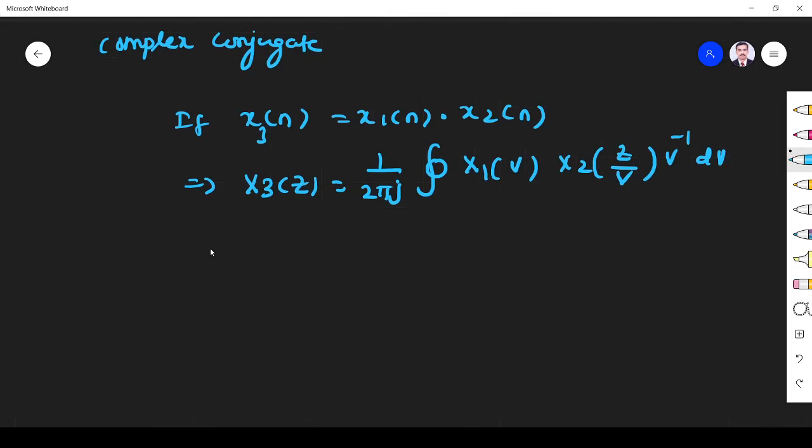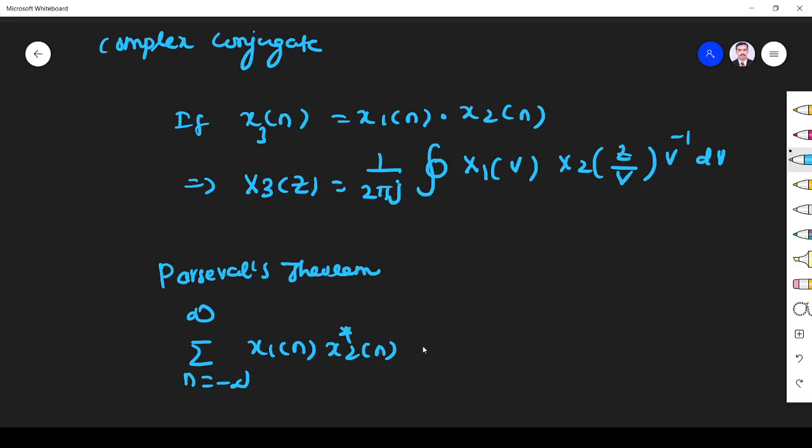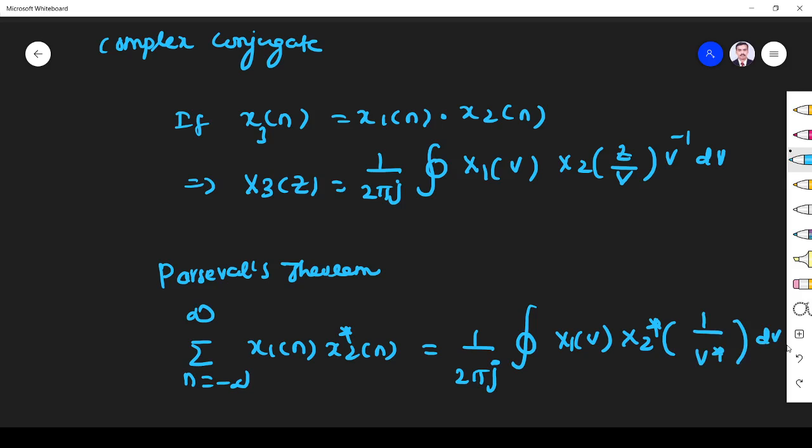And one more property is Parseval's theorem. Parseval's theorem of the Z transform is given by summation n goes from minus infinity to plus infinity x1 of n, x2 of n star, is equal to 1 by 2 pi j closed integral X1 of v, X2 star of 1 by v star, into dv.